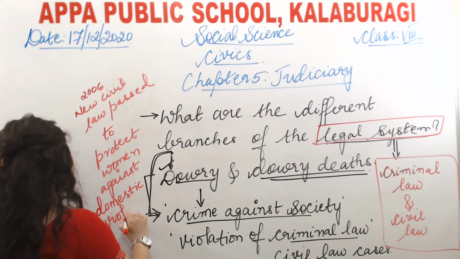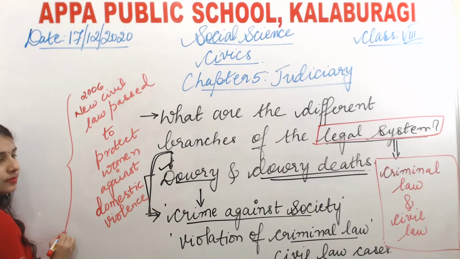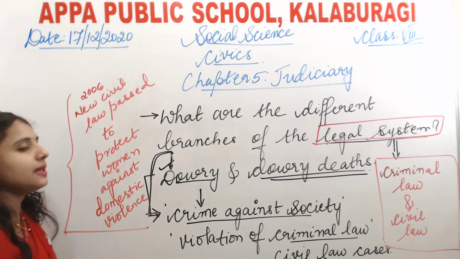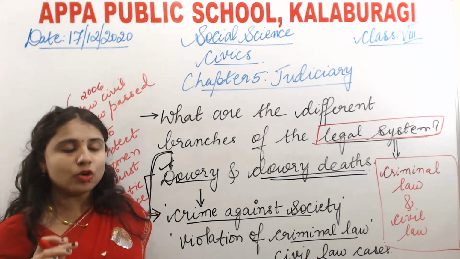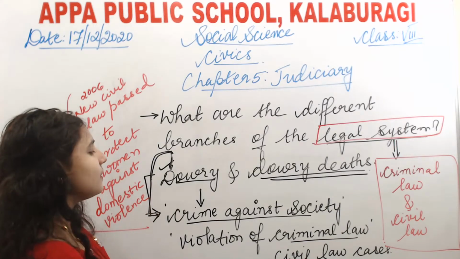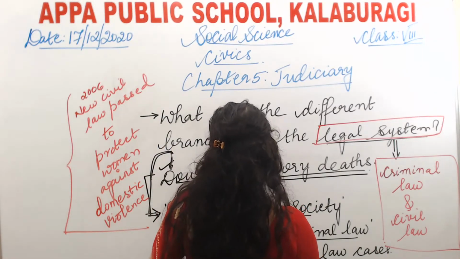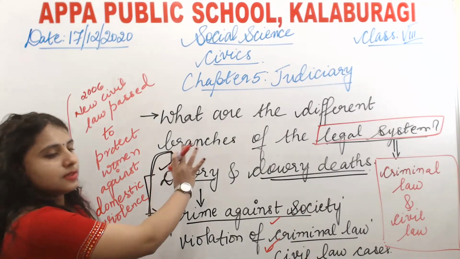Now you have a table in your book, criminal law and civil law. We'll try to understand that table so that you will clearly understand criminal law and civil law. Hope this is clear to you.